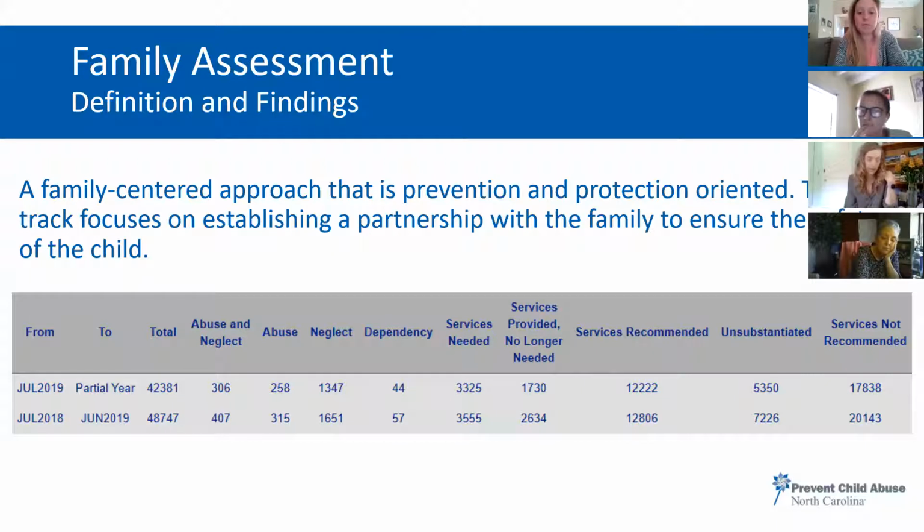When you're looking at the table, the data in these columns are possible results from the family assessment track. So if it's services needed, services provided no longer needed, services recommended, and services not recommended, that is a result coming out of this family assessment track.